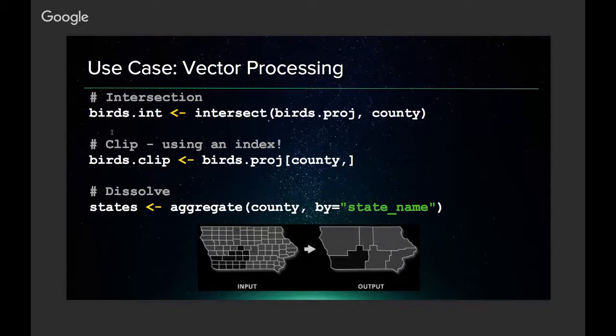If the object outside the brackets is a spatial object, in other words, it has coordinates and R knows what they are, then when you use those brackets, you can put another spatial object in there and it knows to just clip it spatially, which is very cool. And that was a new one for me. But yeah, dissolving, intersecting is almost the same as clipping, but you'll get all the attributes from both data sets, which is often important.